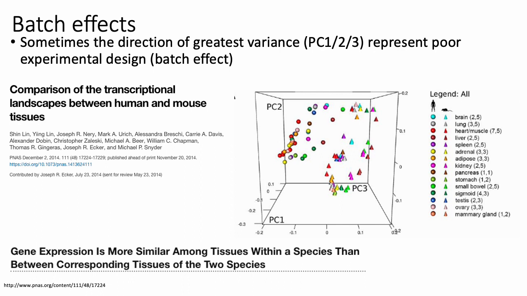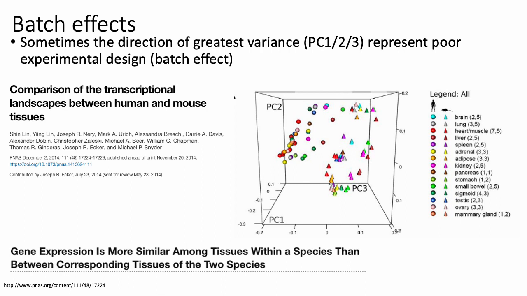The goal was to characterize whether expression in the same tissue across human and mouse is more similar than between two different tissues from the same organism, either mouse or human. This PC plot from their paper visualizes the different RNA-seq samples that were collected in different tissues for human and mouse.